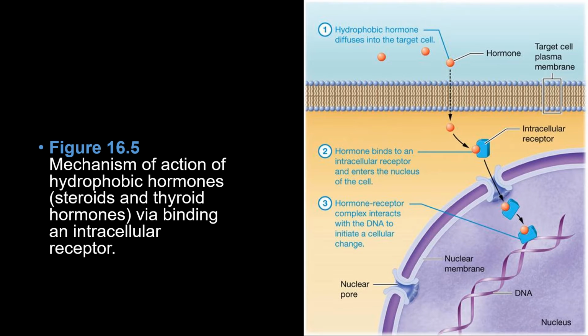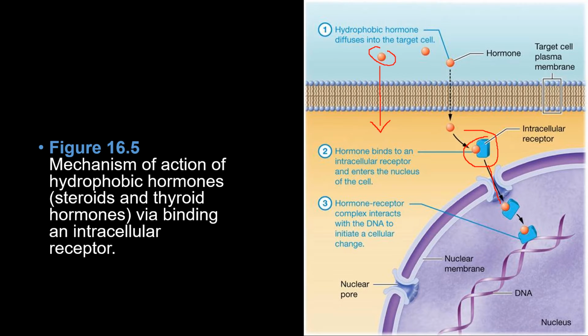So first we have our hydrophobic hormones that diffuse straight through that phospholipid bilayer straight into the cell. Then they're going to find their intracellular receptor and bind to it, which then, through a long process of import-export I'm not going to get into, is imported.